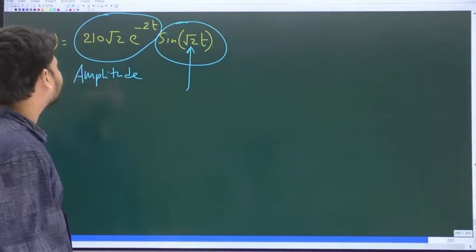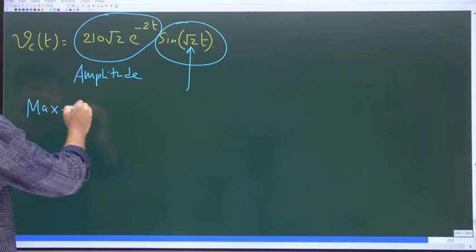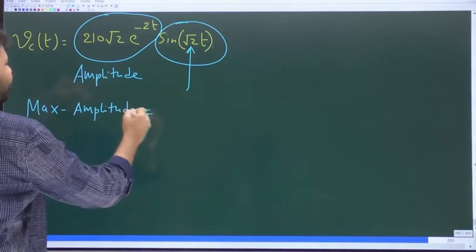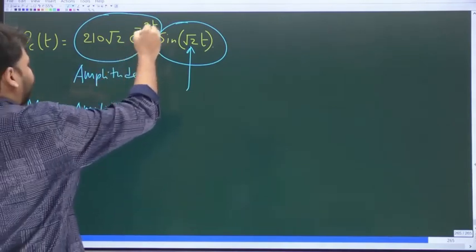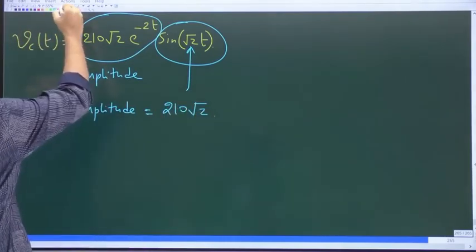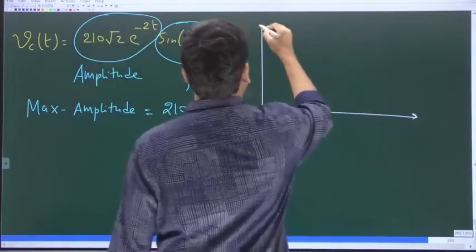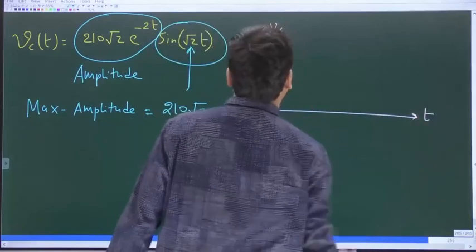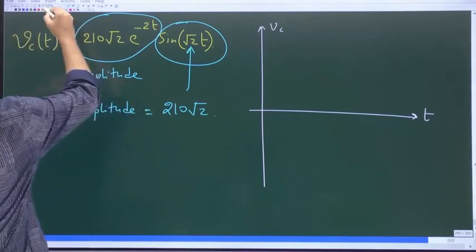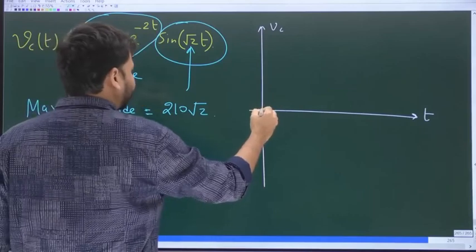Yes. So when is the amplitude maximum? At t equal to 0, the amplitude of oscillation will be maximum. If you put t equal to 0, will it not be 210 root 2? Yes. So once again, if you try to draw the waveform for Vc, that is plot Vc versus t. At t equal to 0, Vc of 0 is 0.